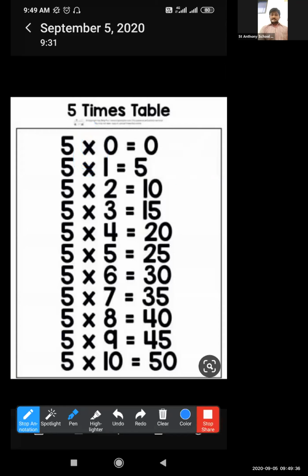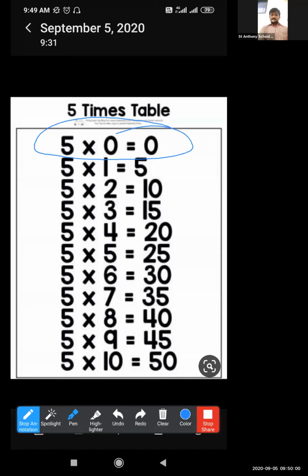So how will you be reading that? 5 multiplied by 0, 5 into 0. Okay, it's a request, all of you, please listen carefully. How will you be reading this sum?